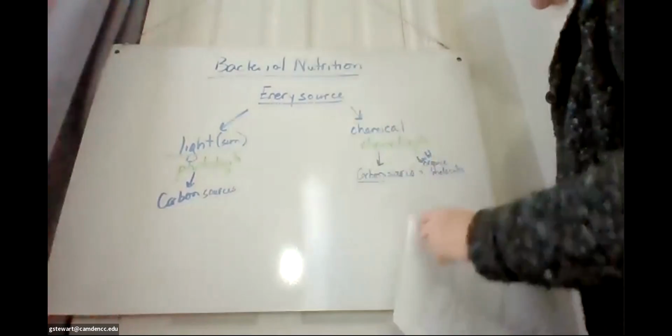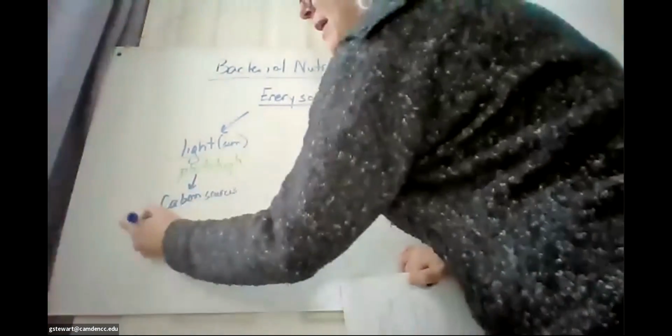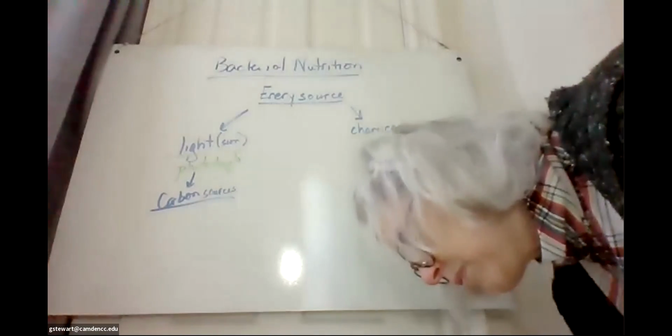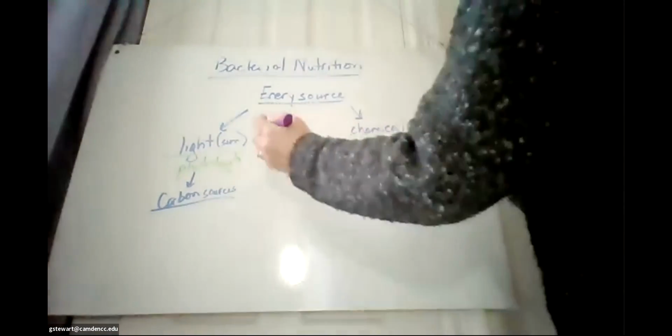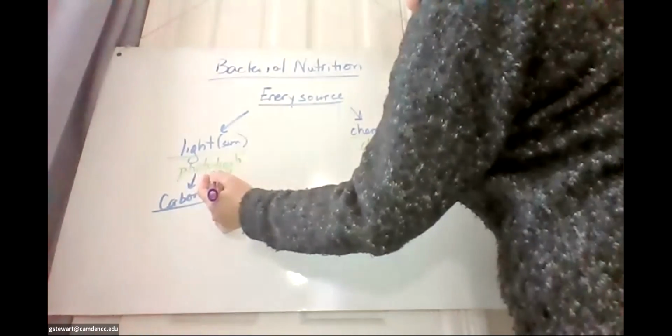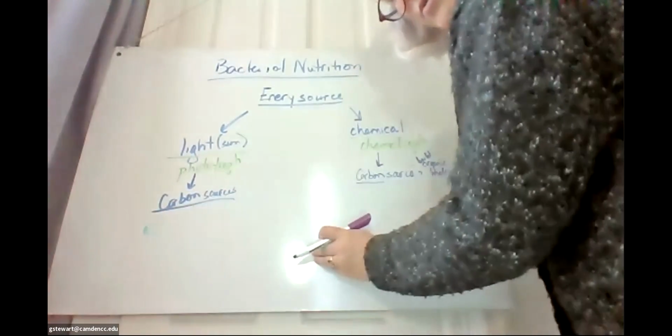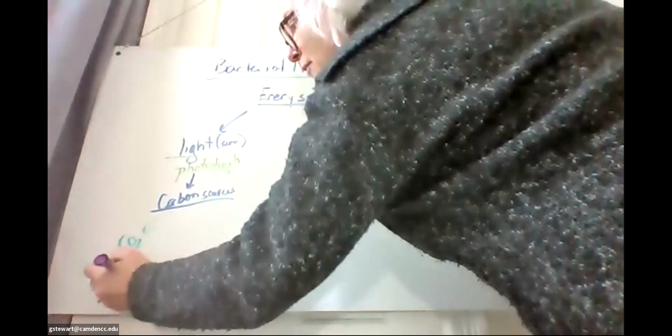Now, depending on what they use for their carbon, that's going to help divide them into their last little groups here. I know the green doesn't show up very well, so I'll try to use something else over here. So if you are an organism that uses light for your energy source, but for your carbon source, you use carbon dioxide, then you are what we call a photoautotroph.